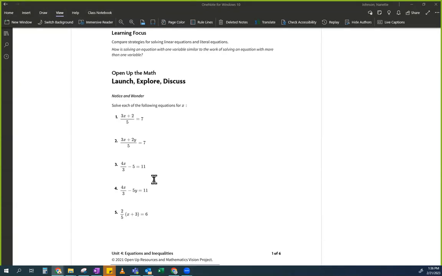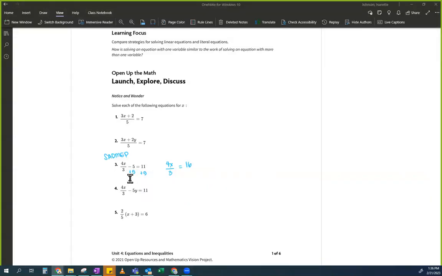Someone says, Miss Johnson, add 5. The reason we're adding 5 is because if you're thinking about SADMAP, that works here. I see there's subtraction and I undo it by addition, so I'm going to add 5 to both sides. Then I'm left with 4x divided by 3 equals 16.